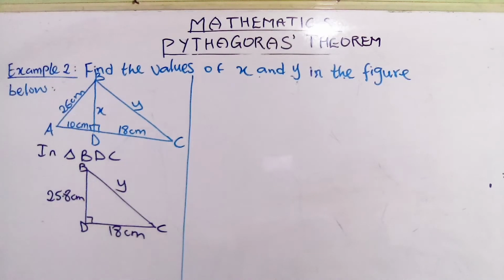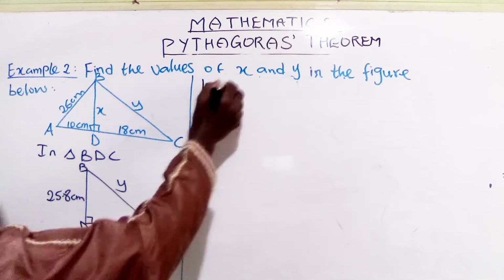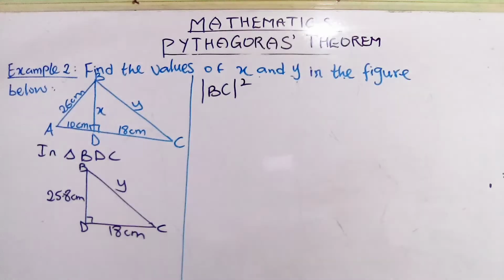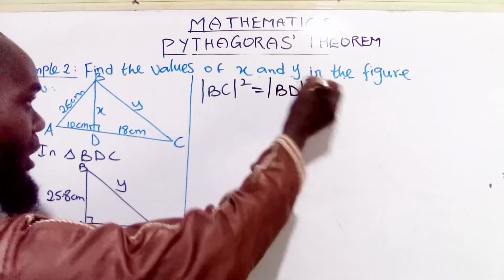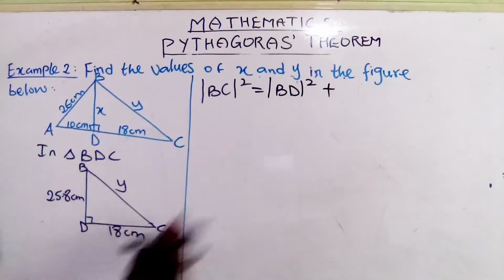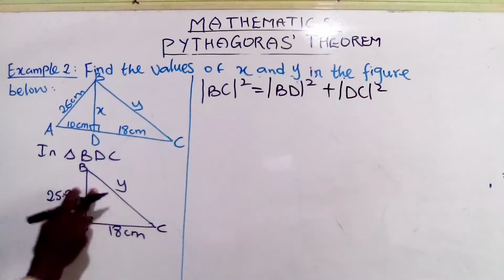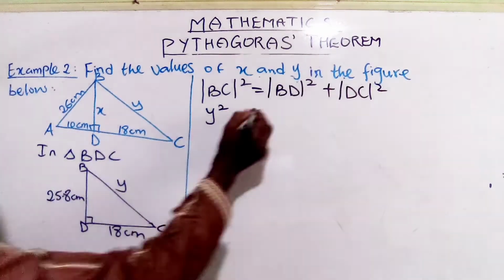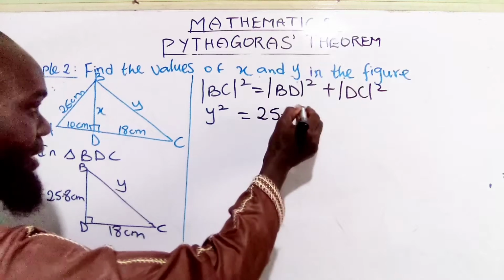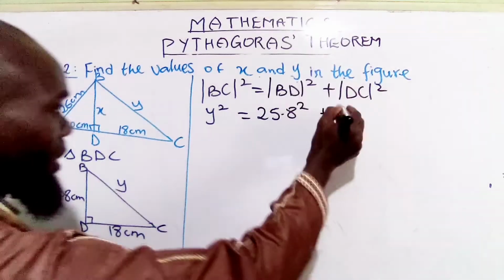Our hypotenuse first. The hypotenuse side is line BC. Its square equals the sum of the squares of the two opposite sides, line BD square plus line DC square. So line BC, y square, is equal to line BD, 25.8 square, plus line DC, 18 square.